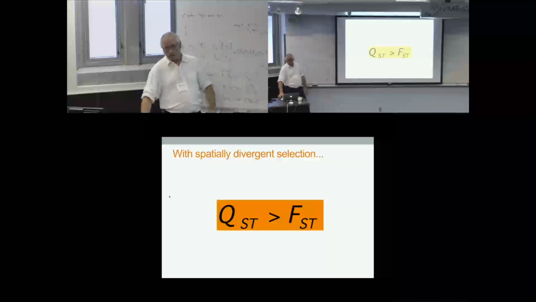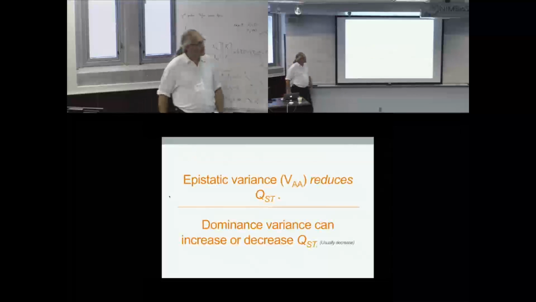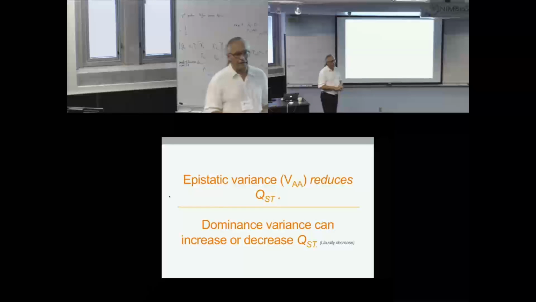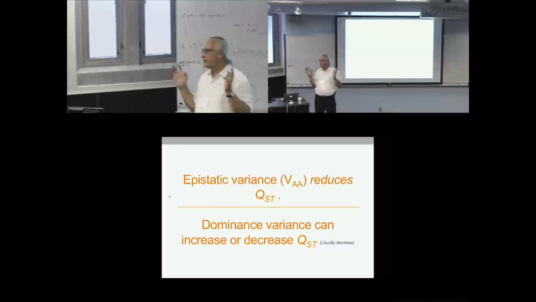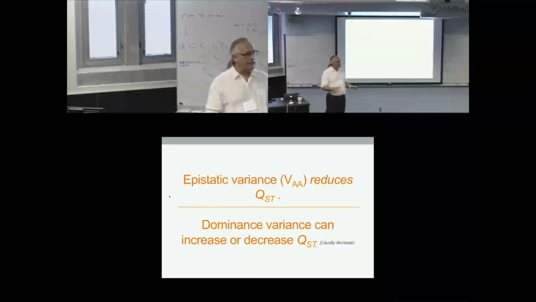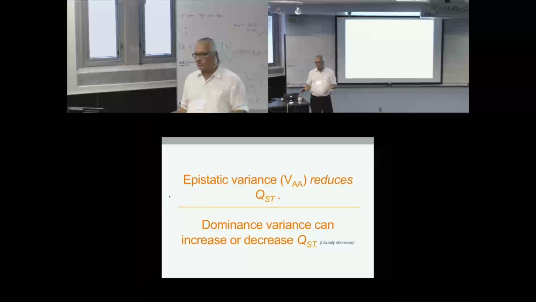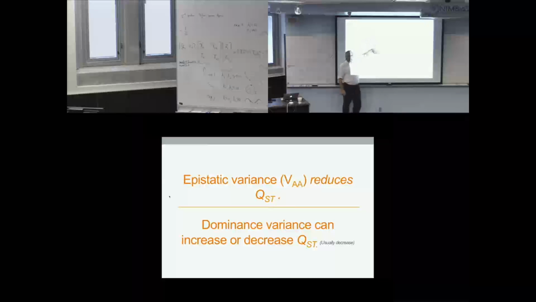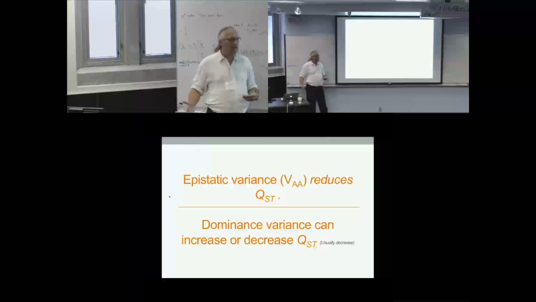Yeah. Okay, so we've been assuming additive genetics all along, and here's just a little glimpse into how this stuff gets grievously more difficult when we get rid of that assumption. But that's been analyzed a little bit. If you have epistatic variance in the form of additive by additive epistasis, that will reduce QST relative to FST.